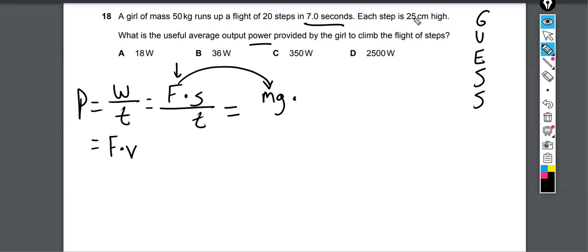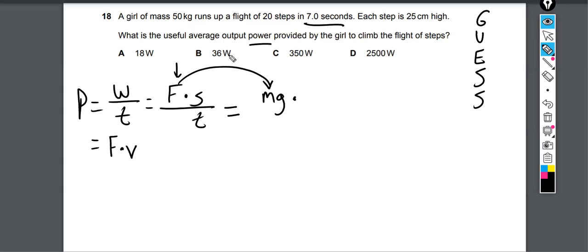So 20 times 25, or 0.25, right? Deal with that centi. If we look at all the units here, they are watts. A watt of power is a joule per second. A joule of work or energy is equal to a newton of force times a meter of displacement. A newton meter is a joule, and a joule per second is a watt.